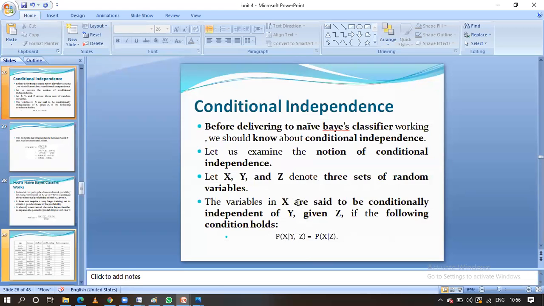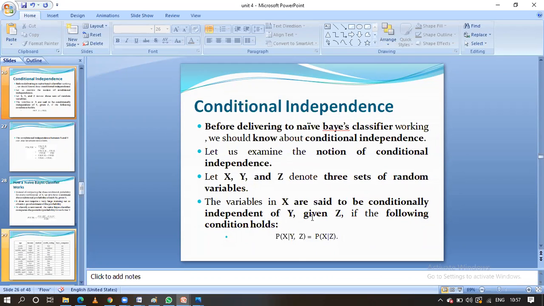Suppose x is said to be conditionally independent of y given z. This is the notation for that, and this condition holds: probability of x given y and z is equal to probability of x given z. We can write it like this, guys.